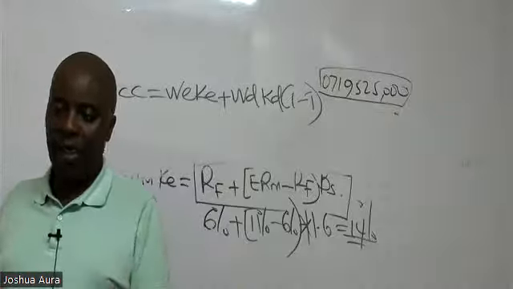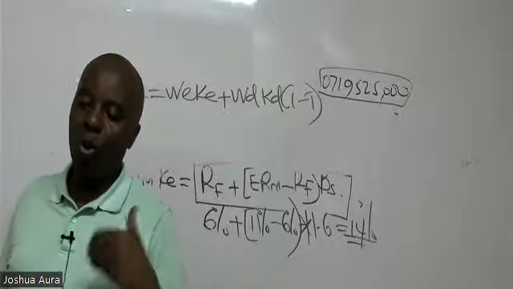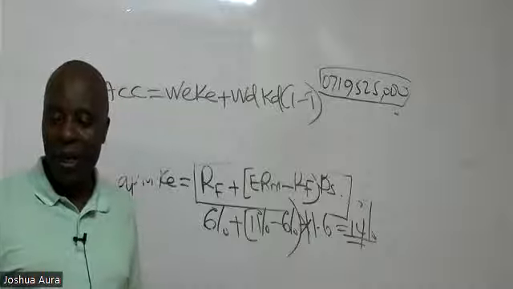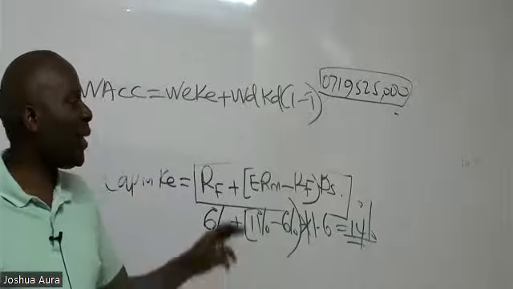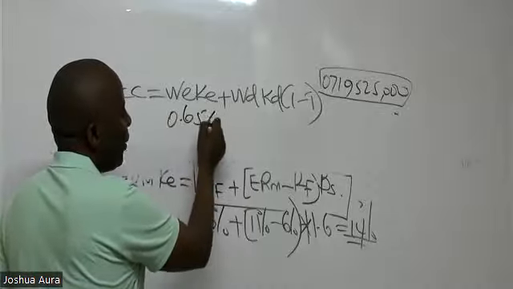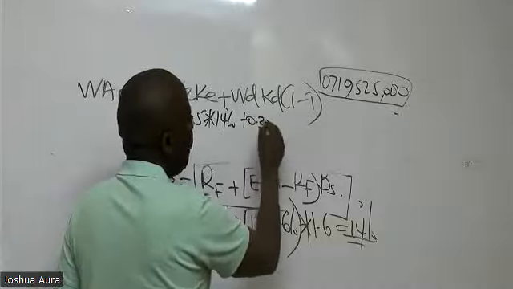So let me remind you. Is there somebody who can remind us the value of weight of equity? 10.91. Okay. So what is the weight of equity? You guys had given me a figure of 0.65. Cost of equity is 14%. Weight of debt was 0.35.